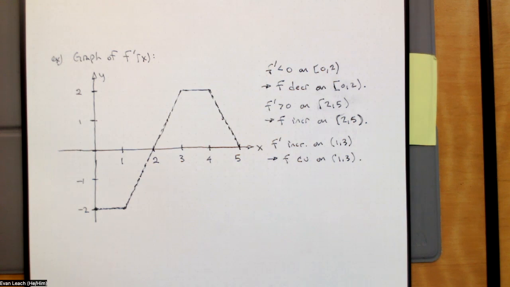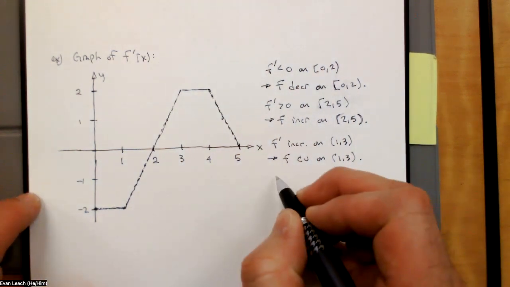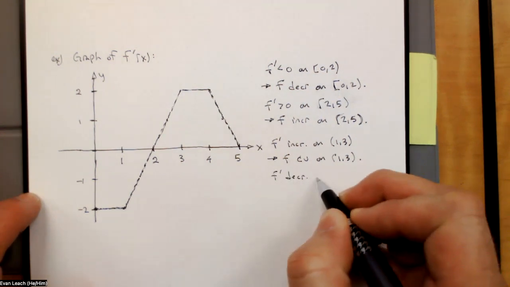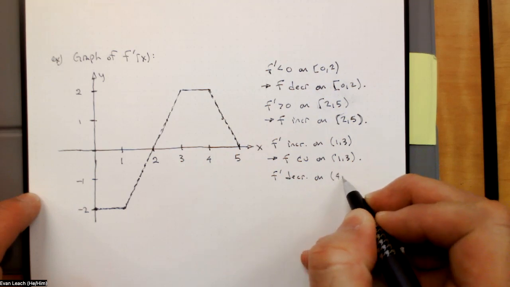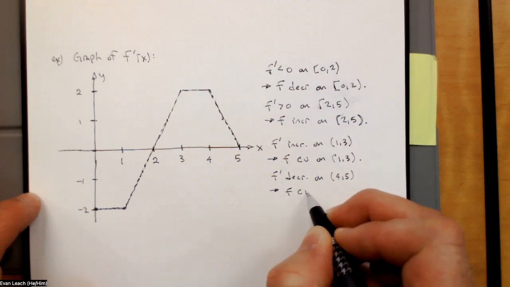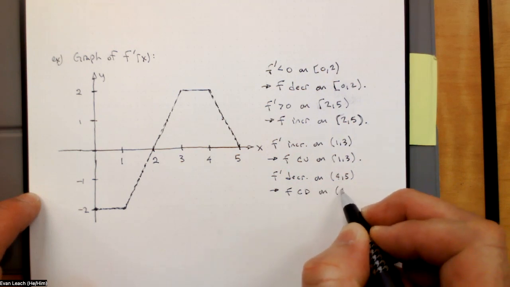We also notice that on the interval from 4 to 5, f prime is decreasing. The derivative is decreasing, so our function will be concave down. So f prime decreasing on the interval from 4 to 5 tells us that the function is concave down on the interval from 4 to 5.